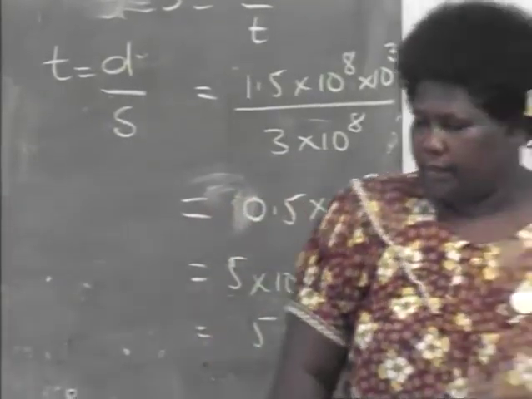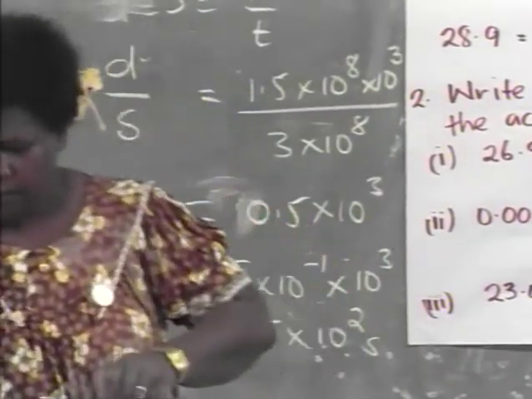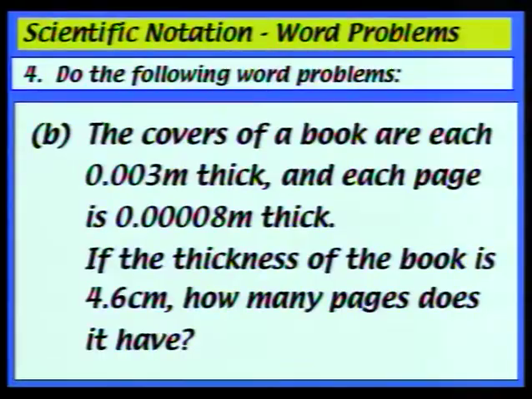Part B, word problem number 2. The covers of a book are each 0.003 meters thick, and each page is 0.0008 meters thick. If the thickness of the book is 4.6 centimeters, how many pages does the book have?